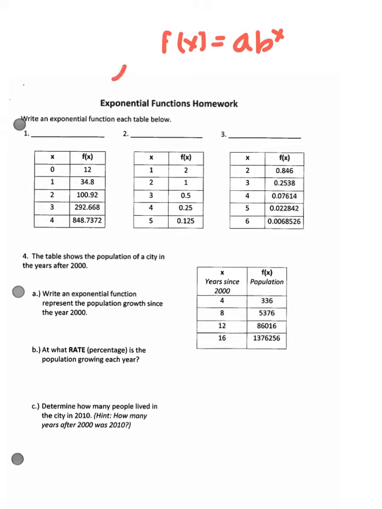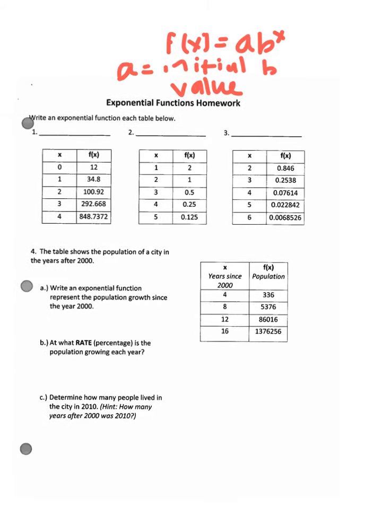In this, a always represents the initial value, how much the function has when it starts at 0, and then b is either the growth or decay factor, depending on if it's getting bigger or smaller. So growth/decay factor. So to write an exponential model, we need to know the a and b value.